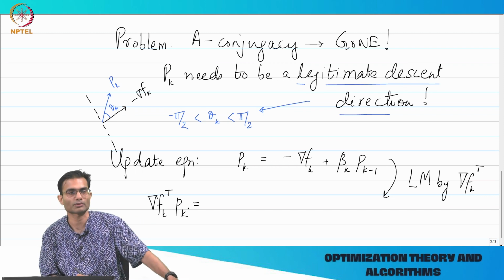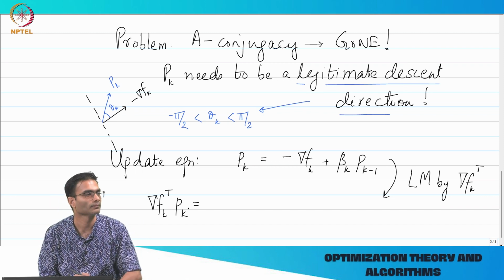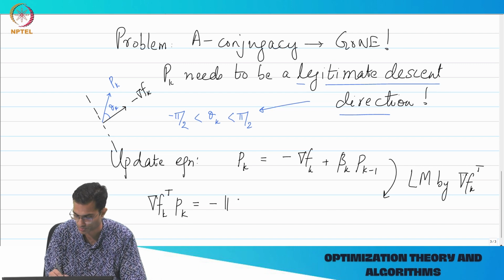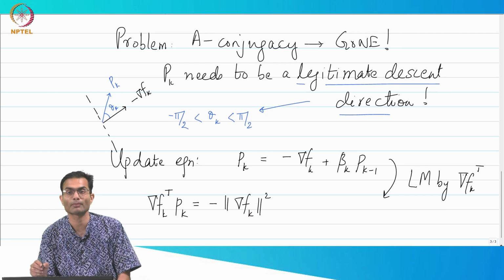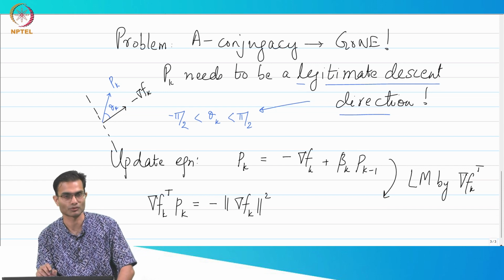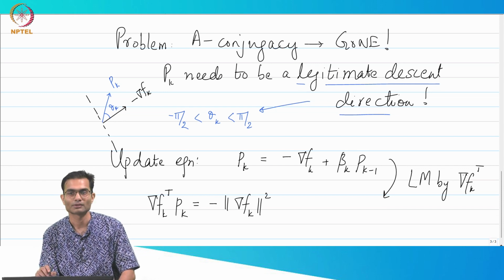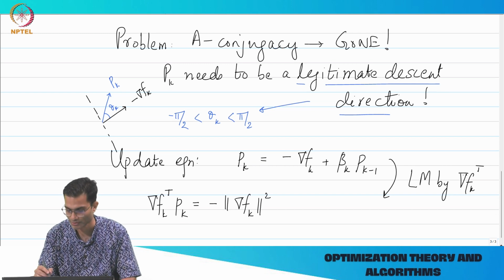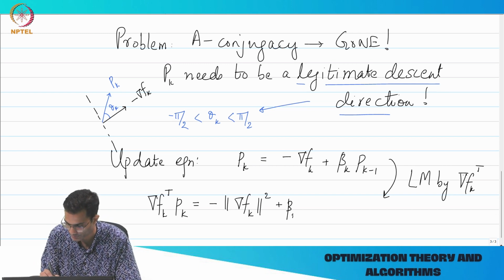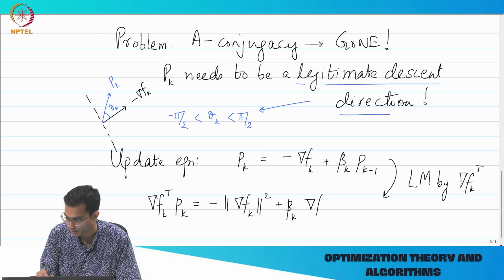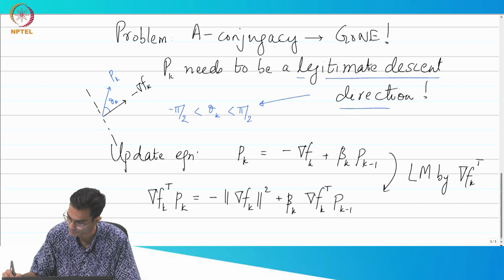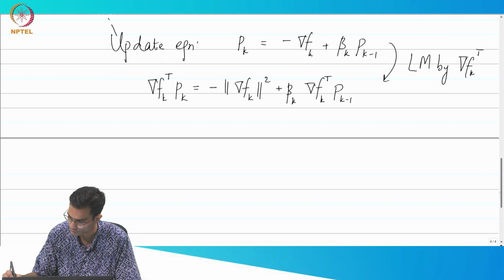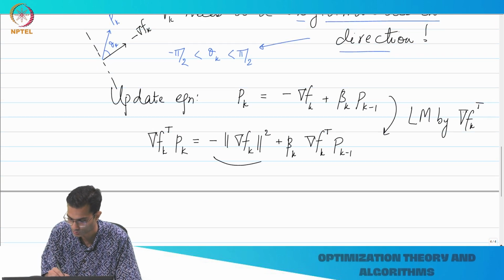What is the first term on the right hand side? Minus norm squared of grad fk. Is this good news or bad news? It's good news. Why? Because this term is always going to be negative, right? So that's already good. And then I have beta k grad fk transpose pk minus 1.